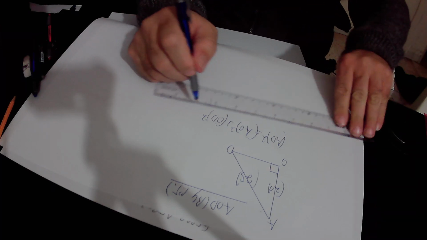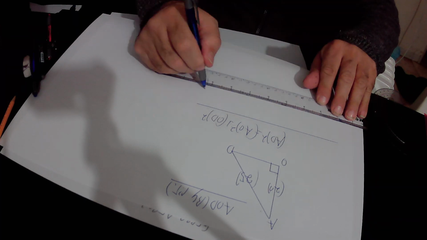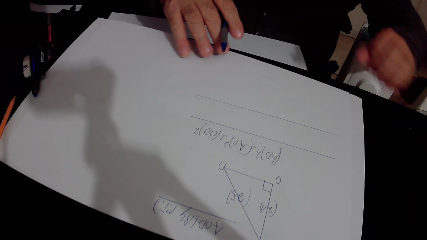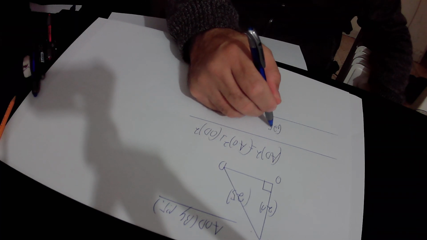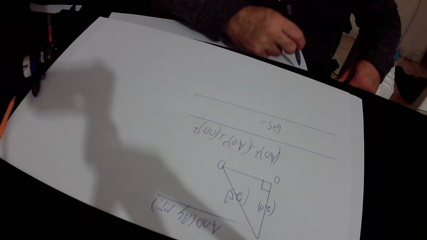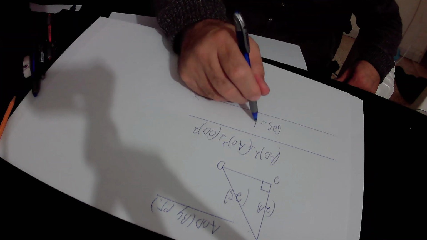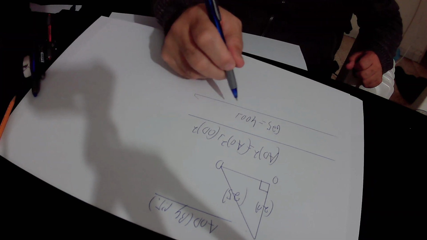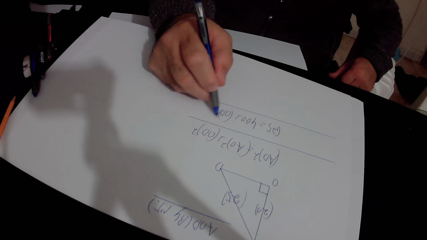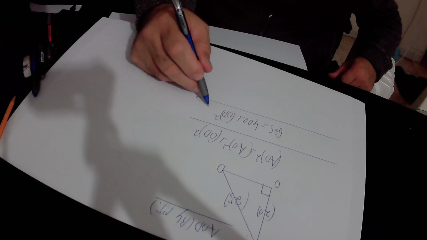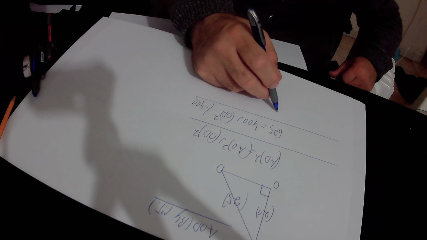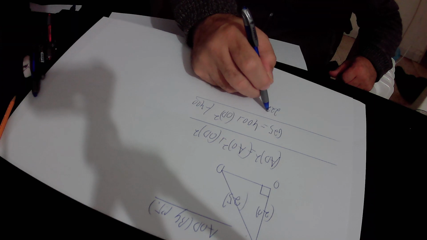AD is 25, therefore AD squared is 25 squared, that is 625, and it equals AO squared. AO is 20, therefore AO squared is 20 squared, that is 400, plus OD squared. OD is the missing side, so we leave it as it is. We subtract 400 from this equation and we get that 625 minus 400 is 225.